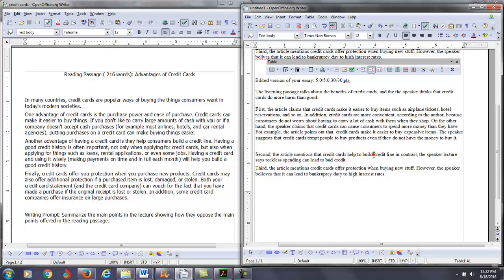So can help, using here consumers. How about users? We'll just say users. Help users. Actually, I'm not sure about the word order here, so let's put this. It can help users to build a credit line. But then you're not saying everything here.